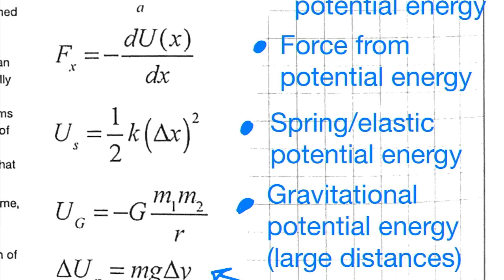Then we have gravitational potential energy. This is over large distances where the value of little g is not constant. Notice that the potential energy due to gravity is negative. That's because we define the zero level to be out at infinity. Why is the zero level for gravitational potential at infinity in this context?